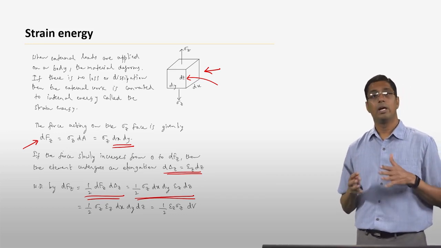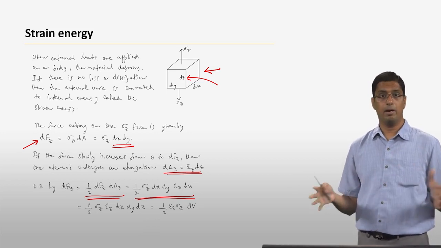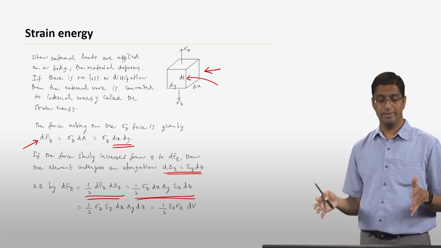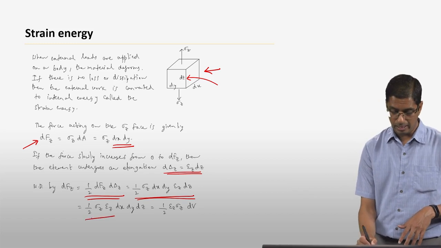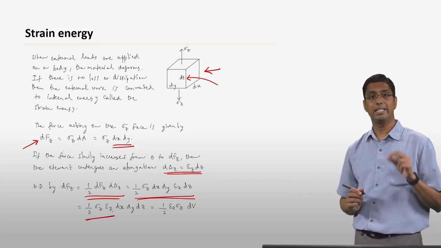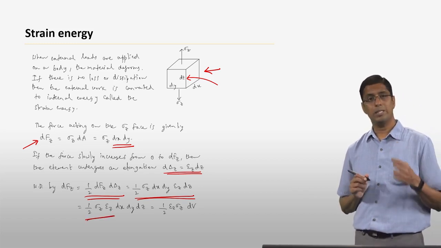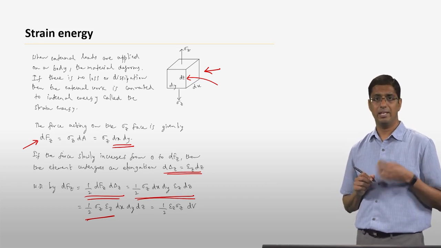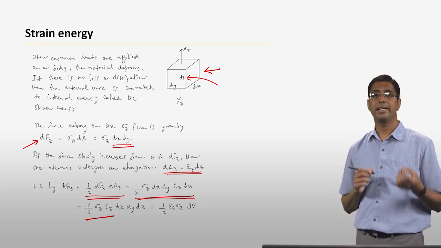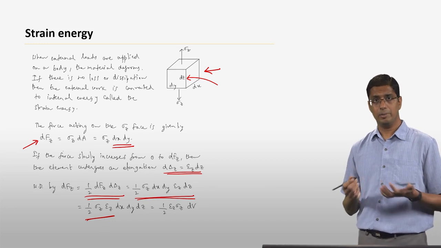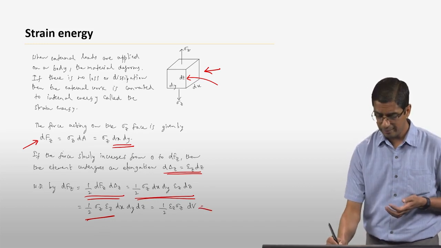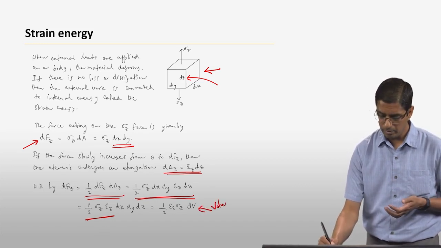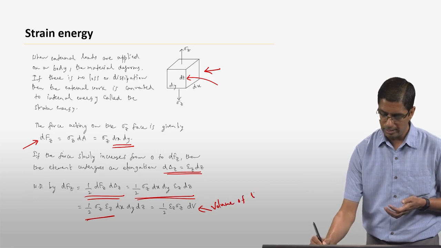Now we can essentially pull all these dx, dy, dz together. So essentially it becomes half sigma z times epsilon z times dx dy dz. So what is this dx, dy, dz? Dx times dy times dz is nothing but the volume of the small element, dV. So that is the volume of this element.